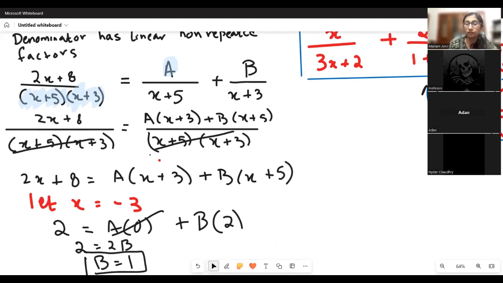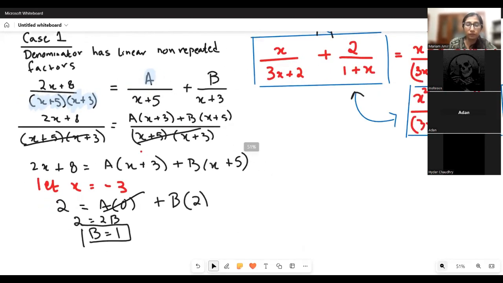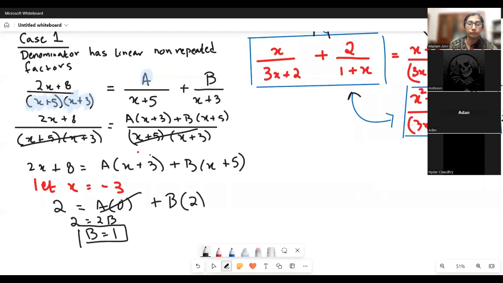Now we need another substitution to find the value of A. What is that going to be? We're going to make this 0. So we're going to say let x equal minus 5, so that the B term now becomes 0.